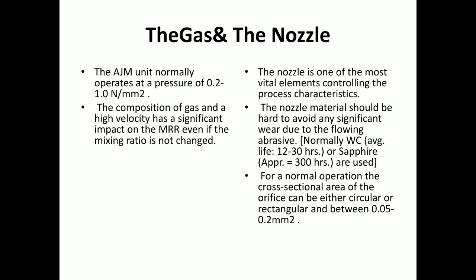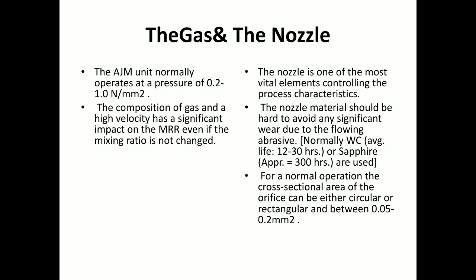The composition of the gas, what gases are there, and the velocity. If you increase the velocity, MRR will necessarily increase, even if the mixing ratio is not changed. Mixing ratio is not changed, no problem, but if you increase the velocity, MRR is going to increase.